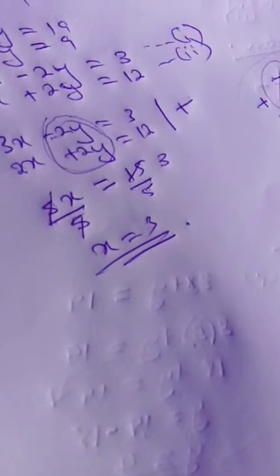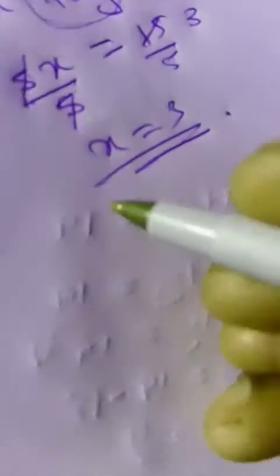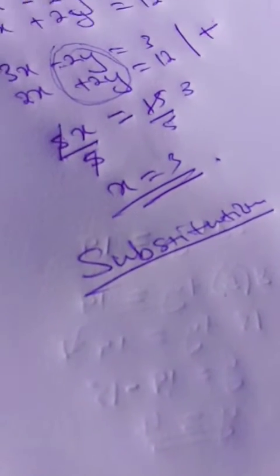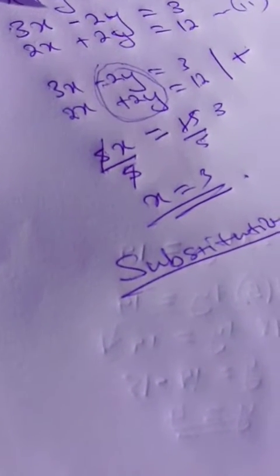Alright, we are going again to the stage of substitution. We are going to substitute the value for x in either the first equation or the second equation. In this case, I am going to take the first equation. On choosing which equation to take, you can take either one, but look for the easy one.